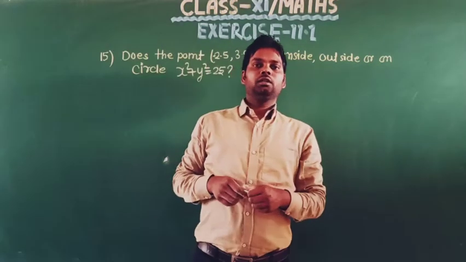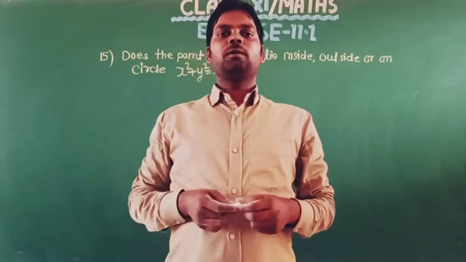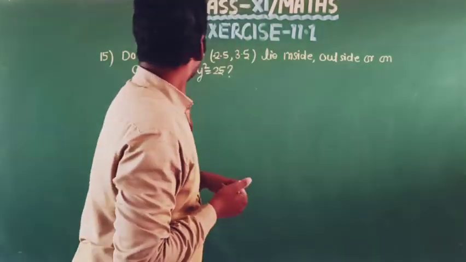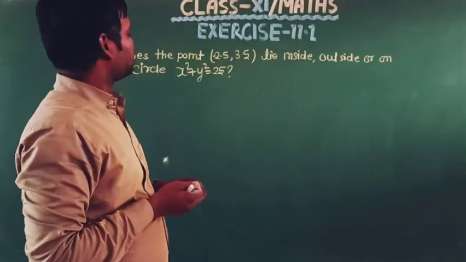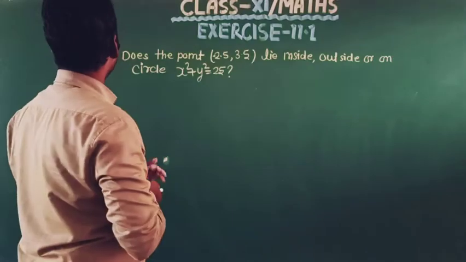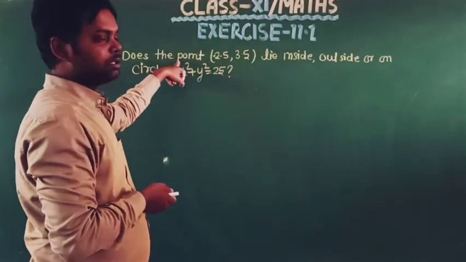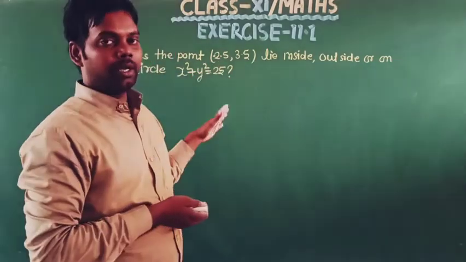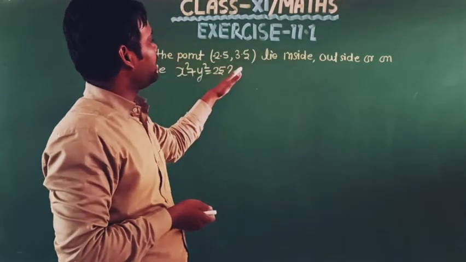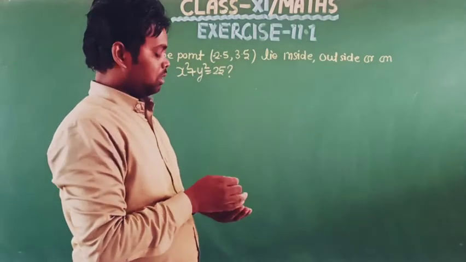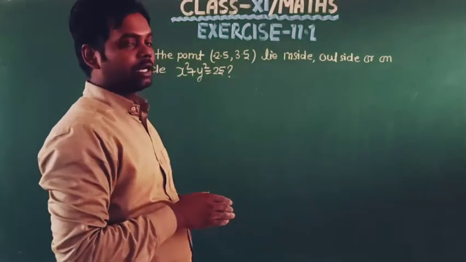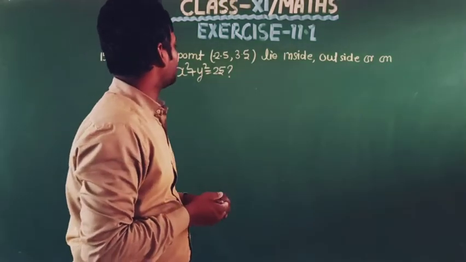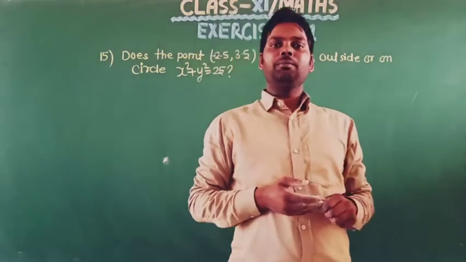Okay children, further move to question number 15. In this question we have to ask: does the point (minus 2.5, 3.5) lie inside, outside or on the circle x square plus y square equal to 25?